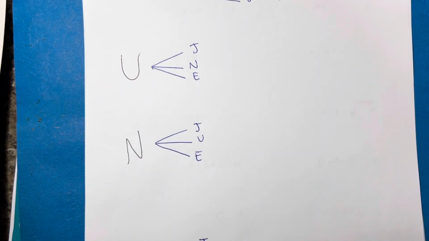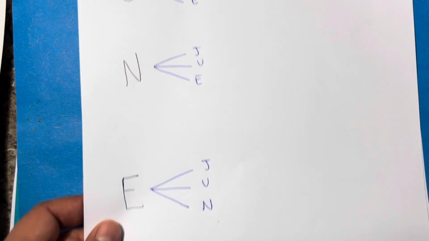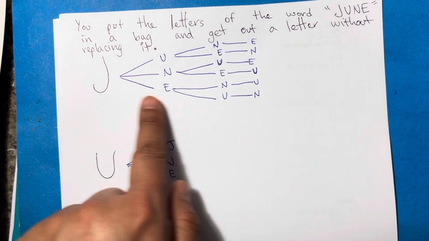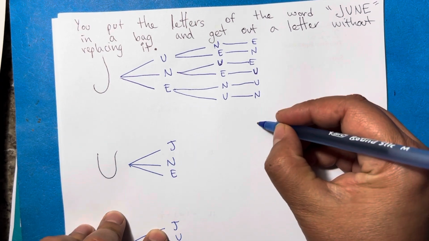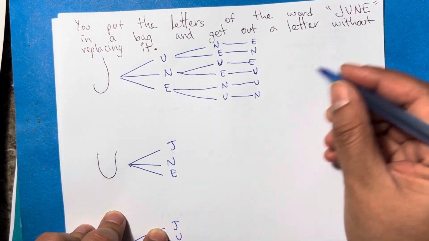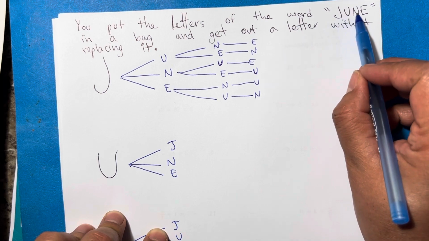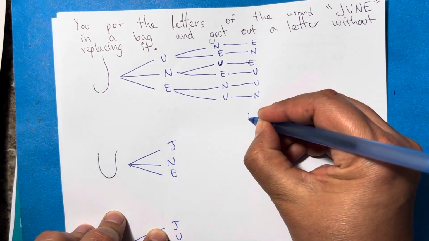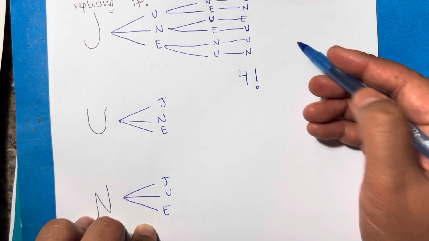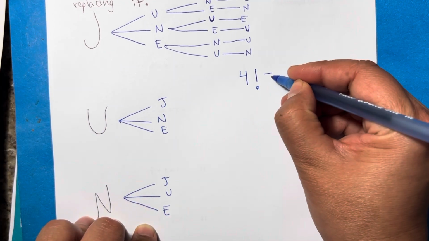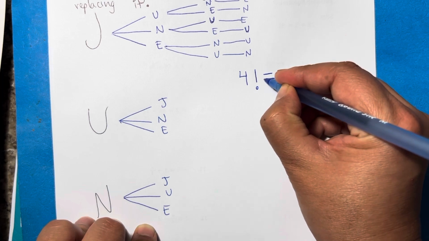So you could do all of this for each one of them, because this is done for J, but not for the other ones. But you can do that, or you can just say for the word June, all you have to say is, oh, 1, 2, 3, 4 of them means that you will have 4 factorial in the sample space. By finding that, you will get the total number of possible outcomes.